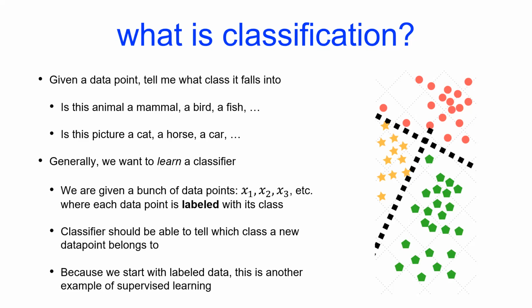So for your training data, you know what each data point is actually associated with, and you use that to guide your learning procedure. And unsupervised learning is something like clustering, right? In clustering, you have just a bunch of data points. You just know their values, and you don't know what they belong to. So that is called unsupervised.